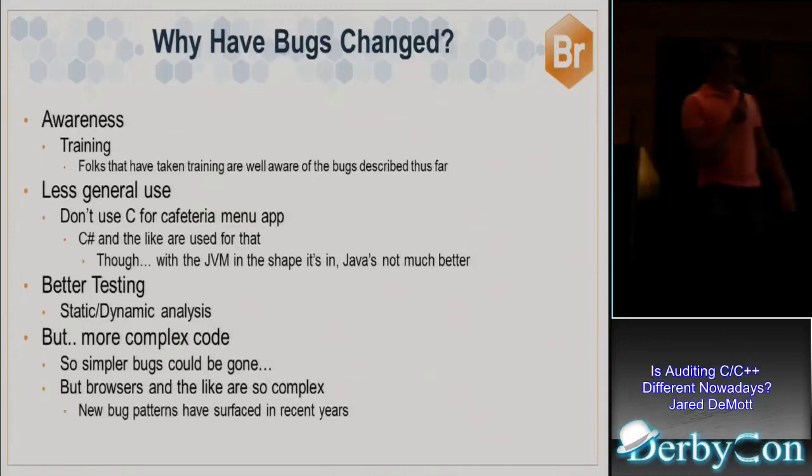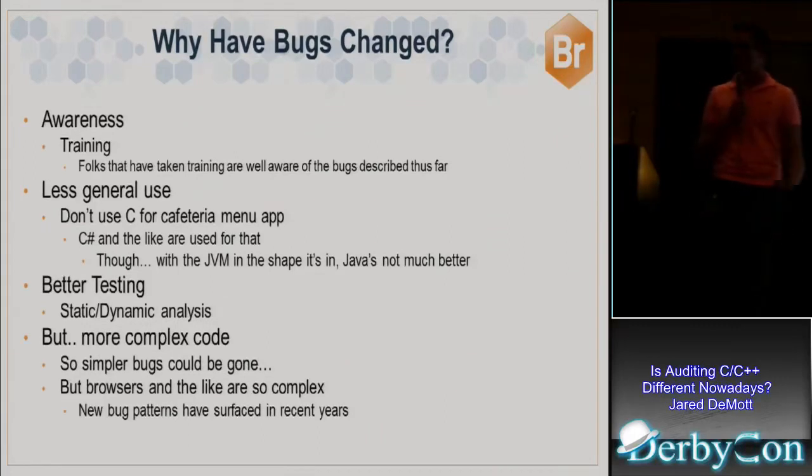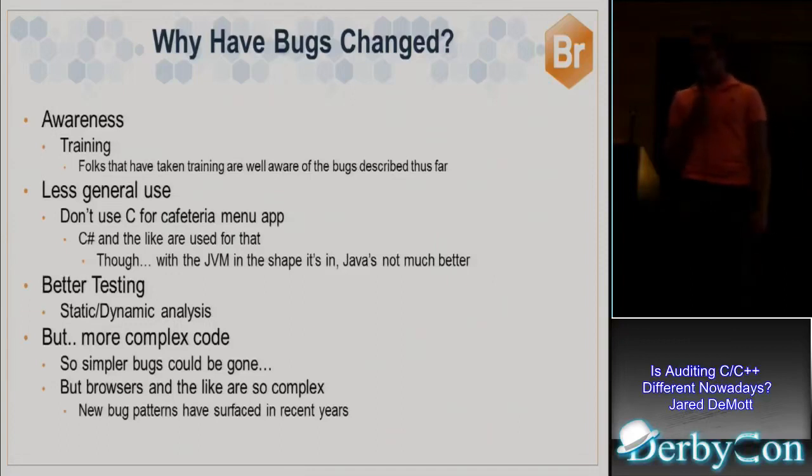Why have bugs changed? Why have all those older bugs that I just talked about gone away, and why have things gotten better? Part of it, of course, is conferences like this and training and awareness, and universities are getting better at teaching the basic stuff. Don't use strcopy. All the real basic things that we know are bad are going away, and that's a good thing.